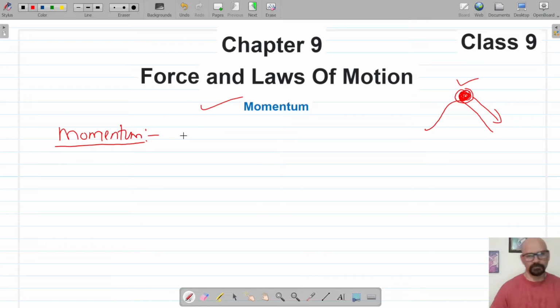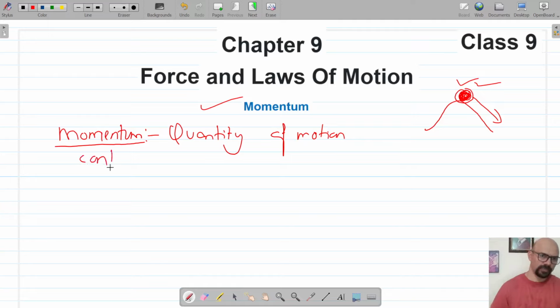We are trying to find the magnitude of the quantity of motion in a body, and let's see what factors it depends on. In simple layman's language, momentum is the quantity of motion contained in a body. Because bodies are lighter and heavier, the quantity of motion will also be less or greater in the body.